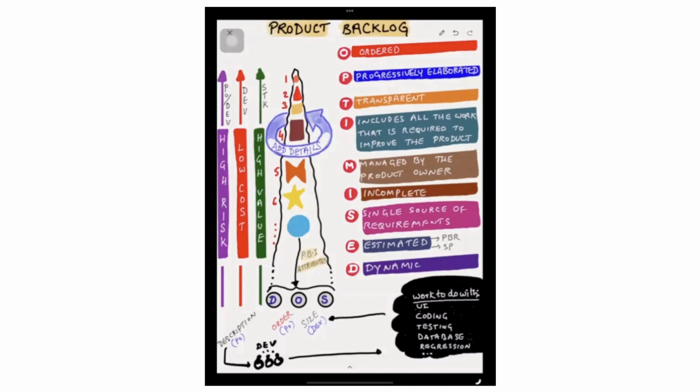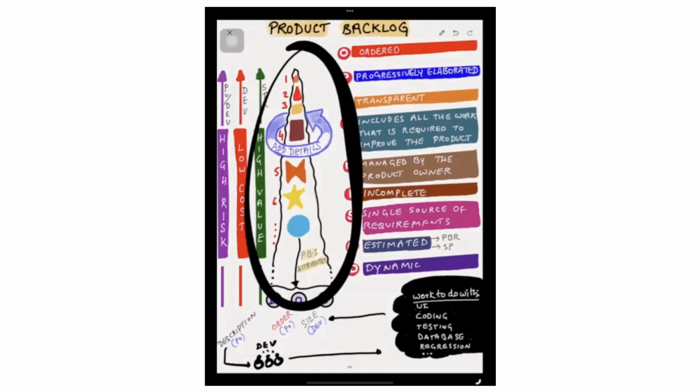We discussed the artifact relationship, how the product backlog, sprint backlog, and increment are interconnected. We discussed the commitments of the artifacts. Product backlog commitment is product goal. Sprint backlog commitment is sprint goal. Increment commitment is definition of done. And we have discussed the characteristics of this product backlog.